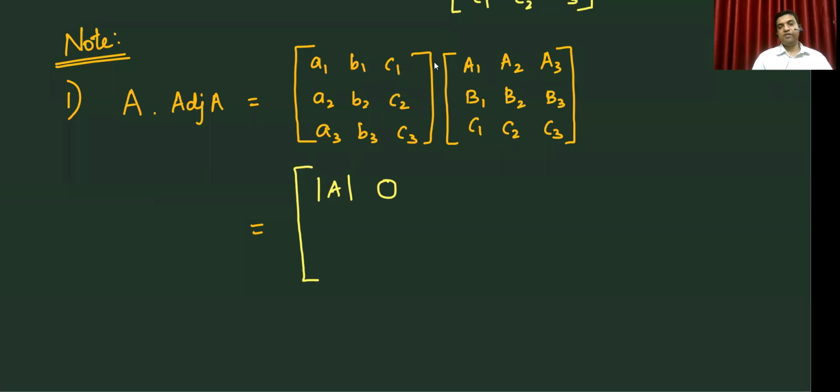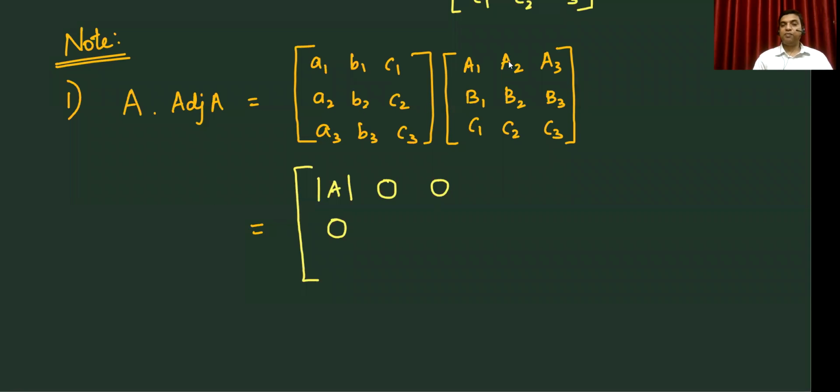Then A1, B1, C1 multiplied with A3, B3, C3. What will that be? 0. Very important, because elements of row 1 multiplied by cofactors of row 3 will again be 0. Next, elements of row 2 multiplied by cofactors of row 1 is 0.